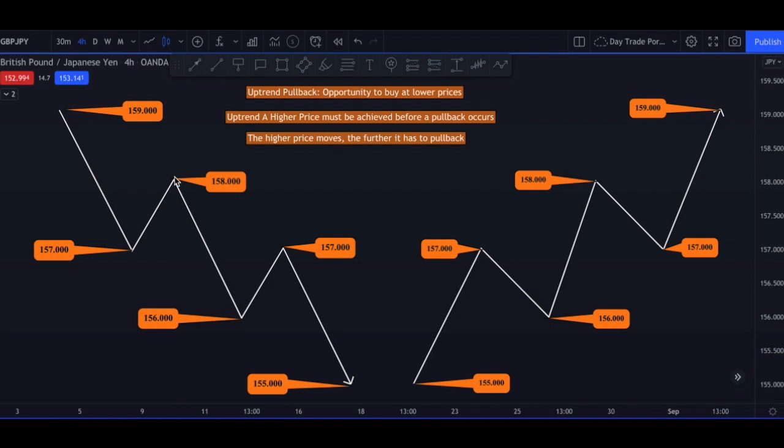This is the difference. Remember, in supply and demand, you sell high, you buy low. So when price goes from 159 down to 157, remember, price went up to a higher number. We're going down to a lower number in a downtrend. When price pulls back, you're hoping that it could stay below 159s. So when price goes to 158s, the discounted price was already 157s.